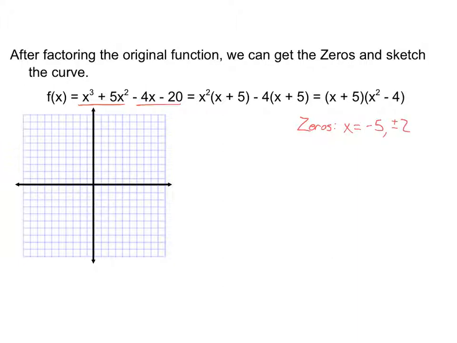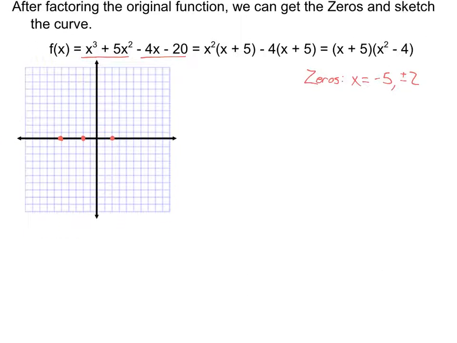So I can actually put this on the graph, plus or minus 2, and also negative 5. I also see that this has a y-intercept. That's easy to find. Where's my y-intercept? Negative 20. So there's negative 10. It's going to be down here.